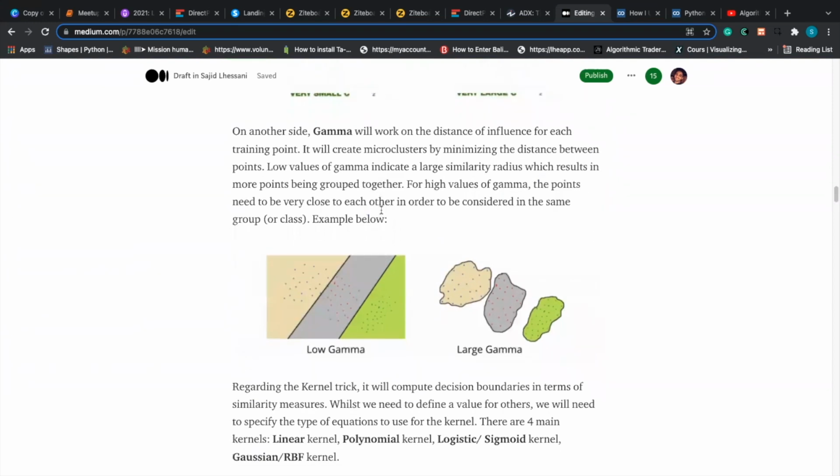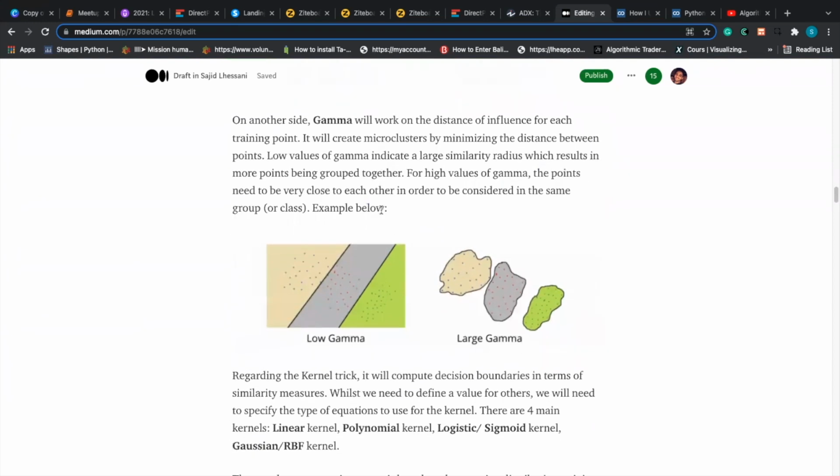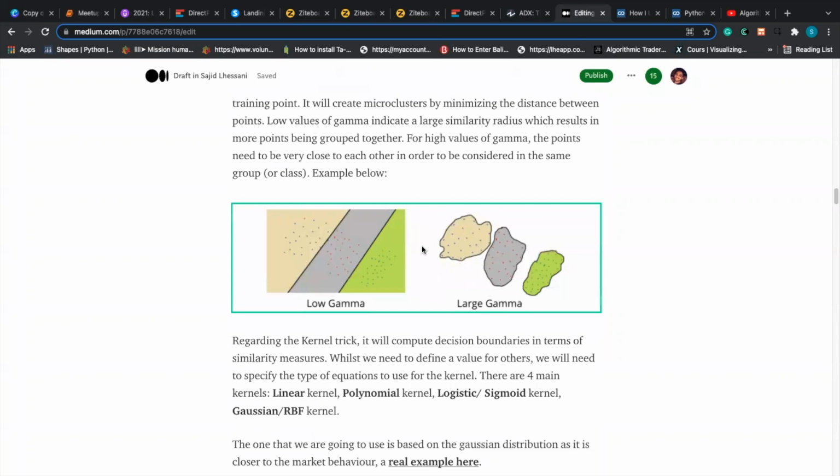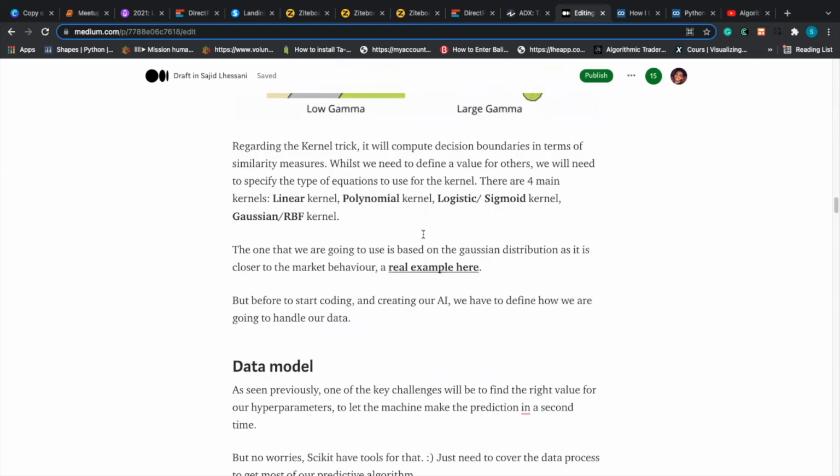We're going to cover next week how you can hack these hyperparameters to give you the best market prediction, and how all these parameters give you different ways to analyze the market and different angles. And you have 4 different kernels.